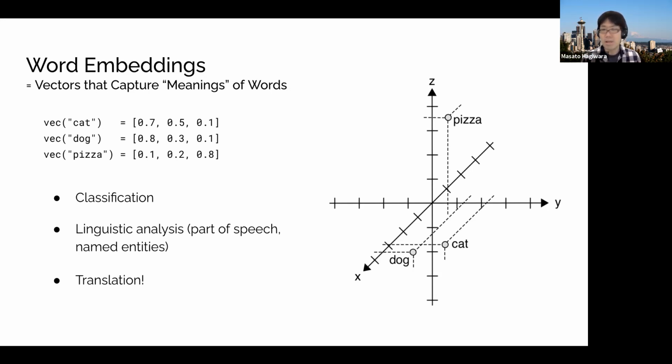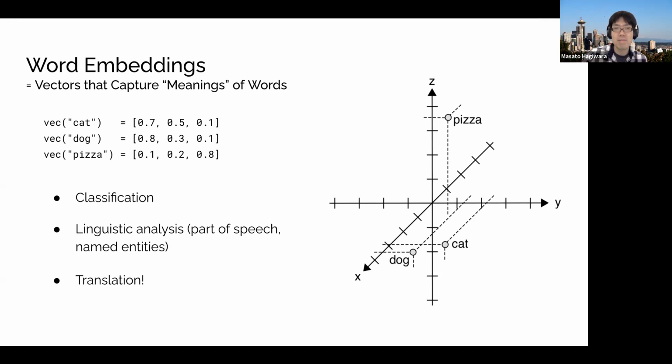And why do we want them? Like what can we use them for? There are a lot of applications and tasks where we can use those semantic representations of words. One is classification. You can classify words based on where they are. If you look at the vectors for dog and cat, they have higher X values.